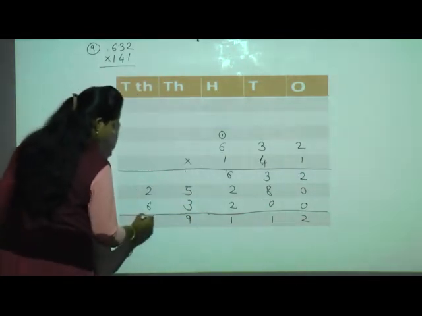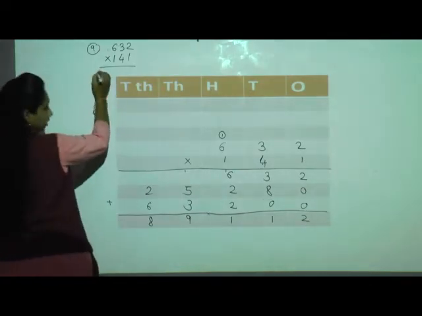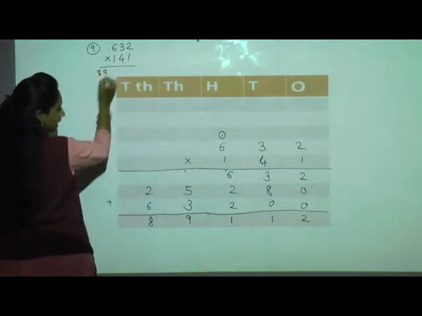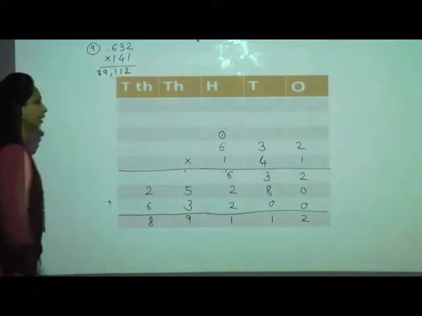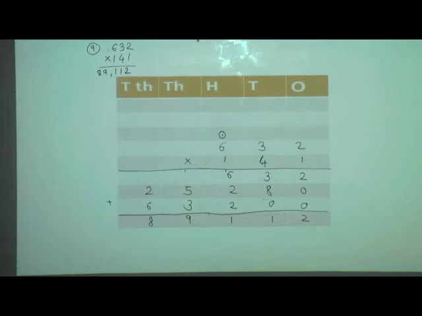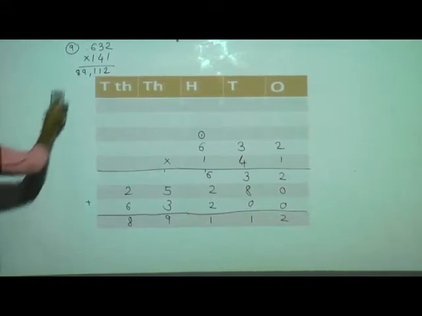Now 2 plus 6 is 8. So what is the answer here? 89,112. Got it? Is it clear? Very simple. Okay. Now last one more sum I will solve for you.